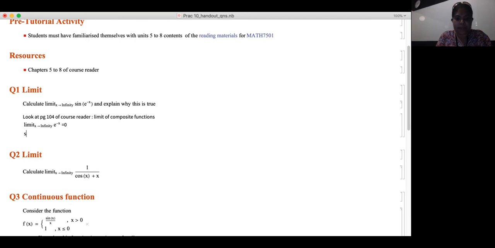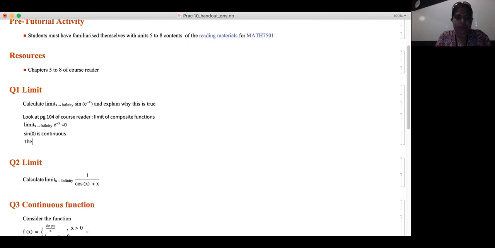So is sine of 0 continuous? Then the limit is equal to sine of 0.